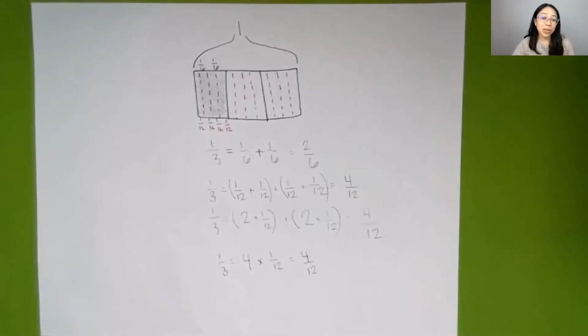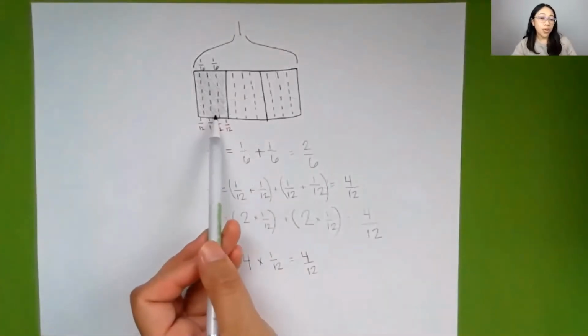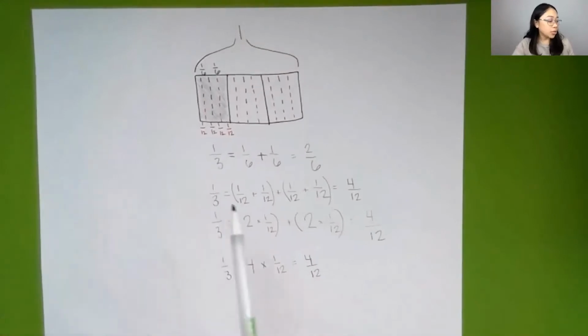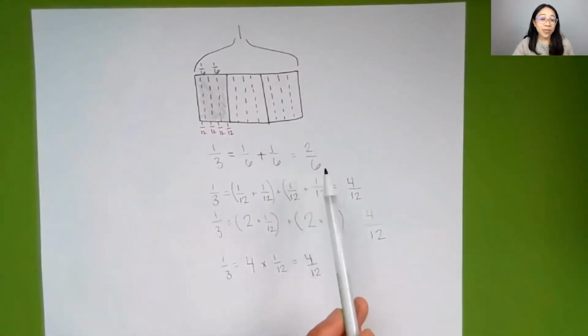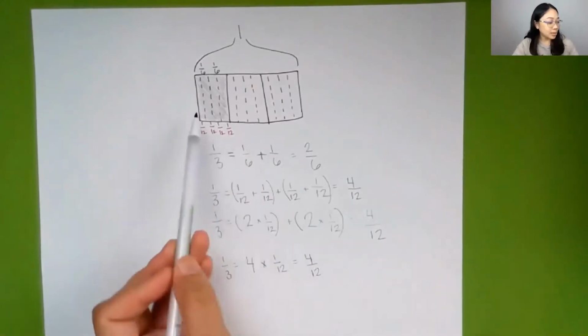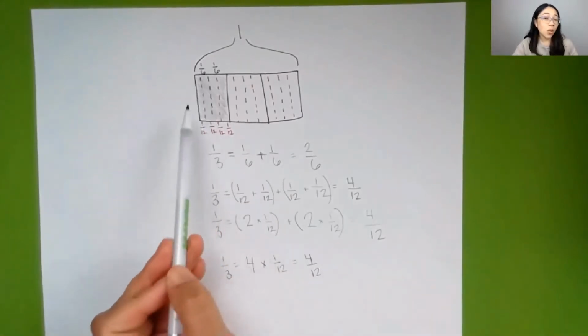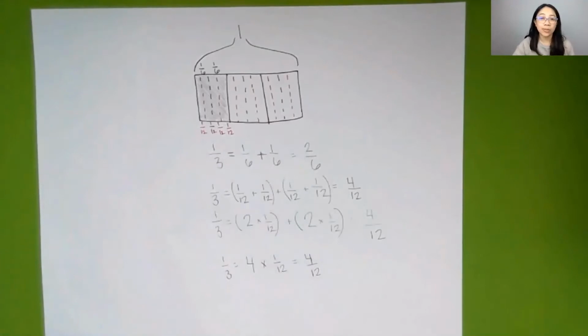We have seen in a previous problem that 1/3 equals 2/6. We have seen that 1/6 is equal to 2/12. So how many 12ths equals 1/3?